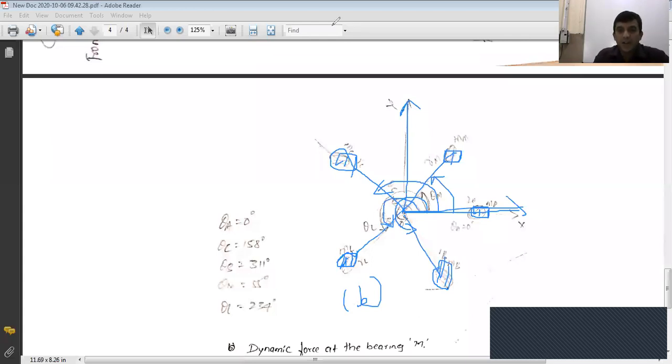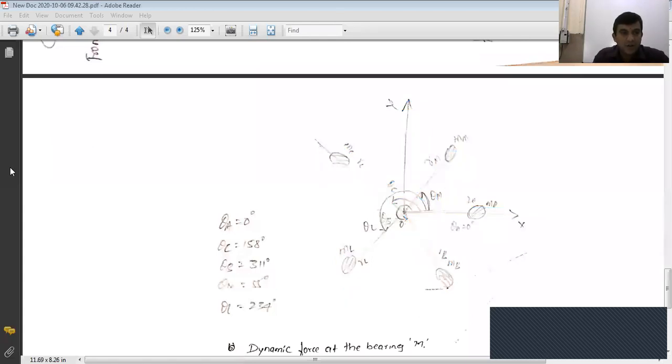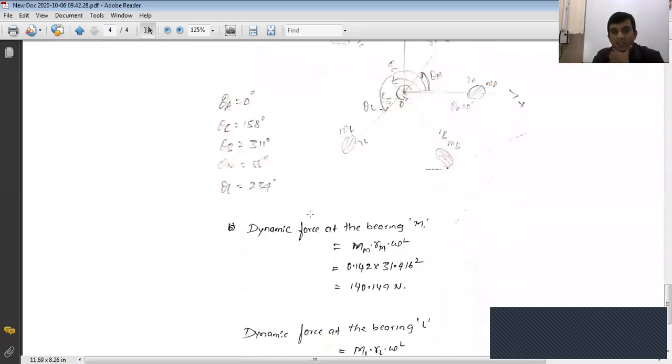Now our ultimate aim is to calculate the dynamic forces at bearing M and bearing L. What is the dynamic force? It is nothing but centrifugal force. What is the general formula for centrifugal force? m r omega square. For bearing M, suffix M will come: M suffix M, R suffix M, omega square. Omega is already calculated, 2 pi N by 60, we got 31.416.